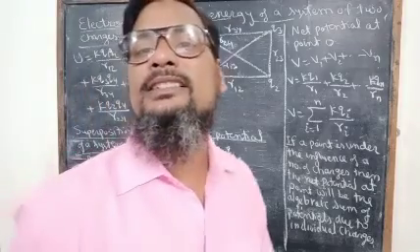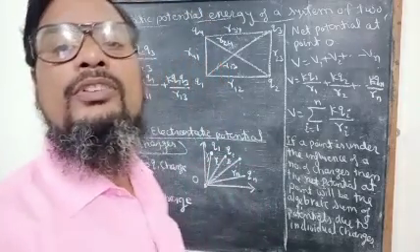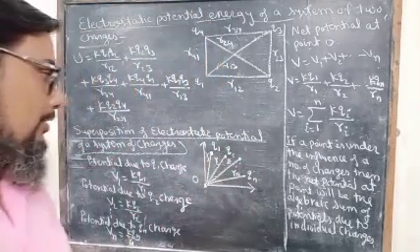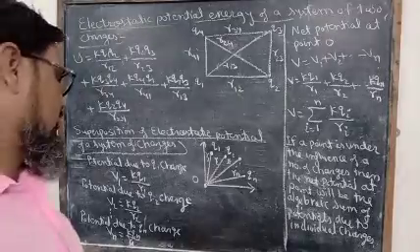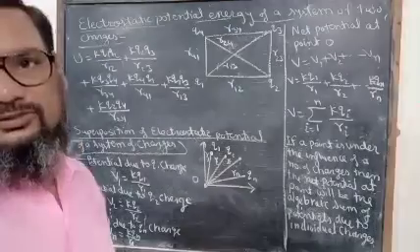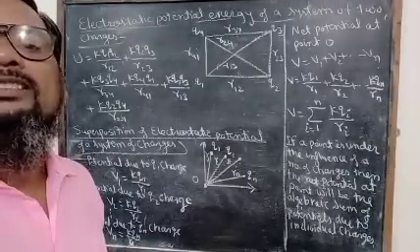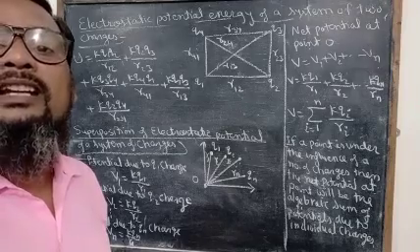So this is the potential of a system of charges, or the superposition potential due to a number of charges at a certain point.